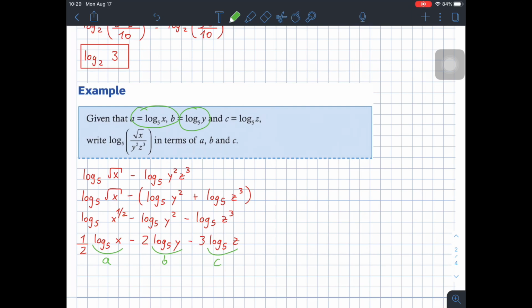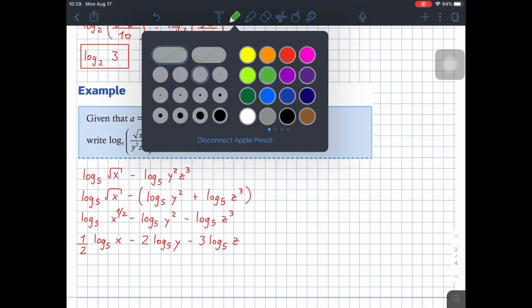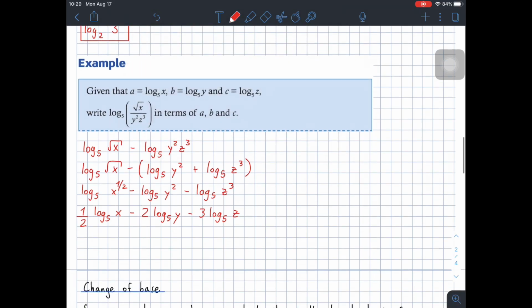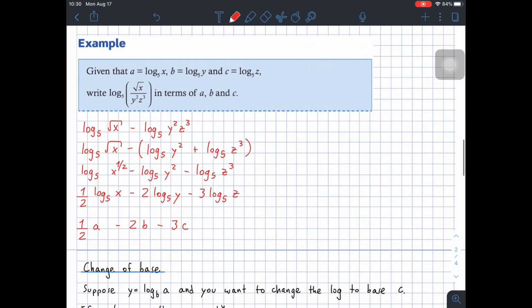So I can finally rewrite this expression in terms of a, b, and c by saying that this is equal to 1/2 times a minus 2 times b minus 3 times c. And this would be the final result because we rewrote all of this logarithm in terms of a, b, and c. Okay, I hope this is getting clear for you guys.